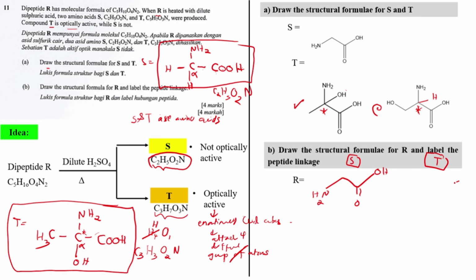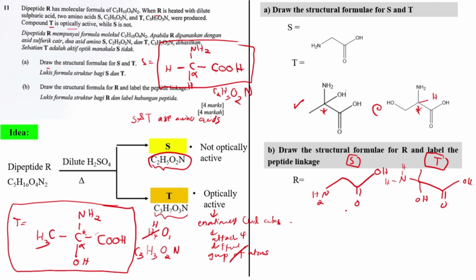So my structure is going to be like this, OH, and then I'm going to put OH downwards, and then here I'm going to put NH, and the NH2 I'm going to expand, and H, and then H here.